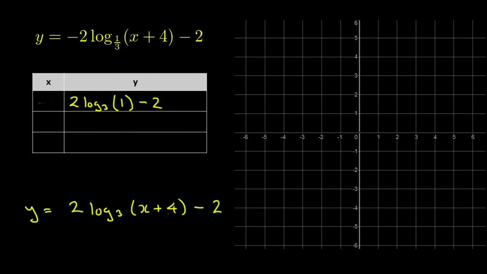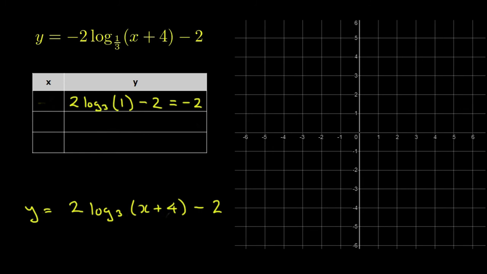That power would be 0, just like the previous examples in this video, except now we got a couple of transformations to include here as well. But this log, if we have a 1 in the input, it's going to give us 0. 0 times 2 is 0. 0 minus 2, of course, is going to output a minus 2. So we got to eliminate that entire log from that expression, which is definitely worth the hassle.